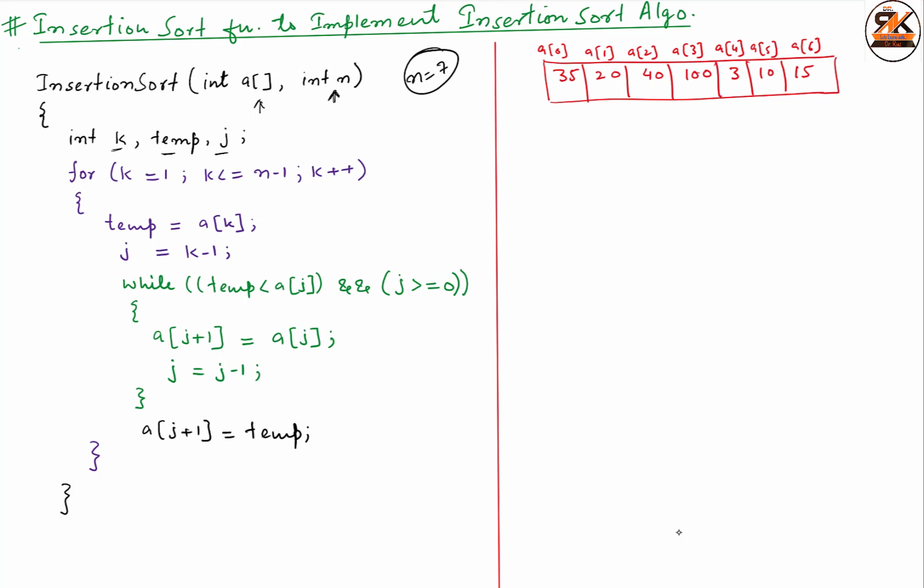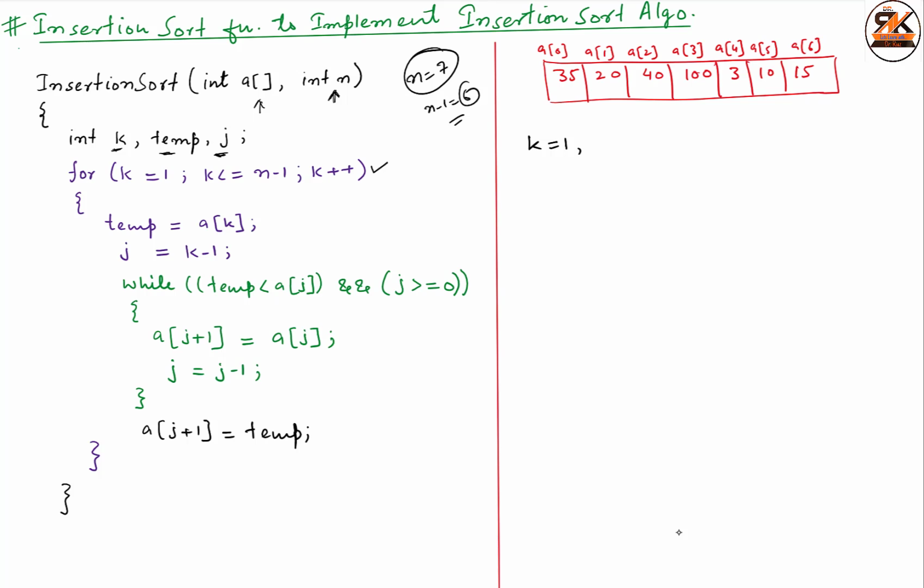Okay, so after that here is the declaration of some variables like k, temp and j. They are declared as integer variables, and then we reach the for loop here, where k is equal to 1 and a condition is checked whether k is less than or equal to n minus 1. N minus 1 is 6. Yes, k is less than 6, it is true.